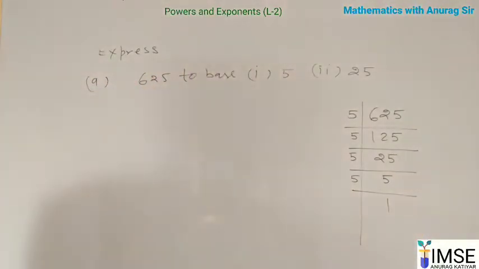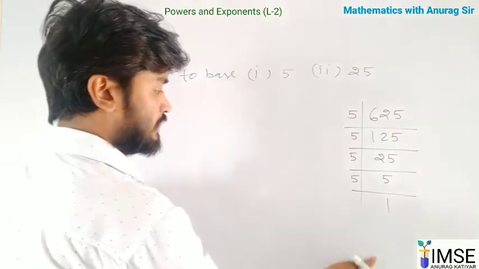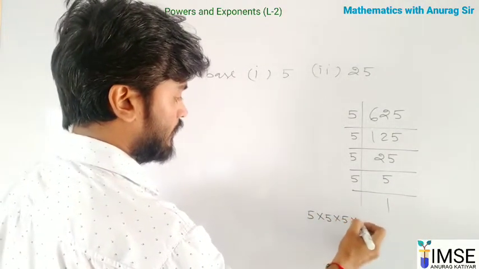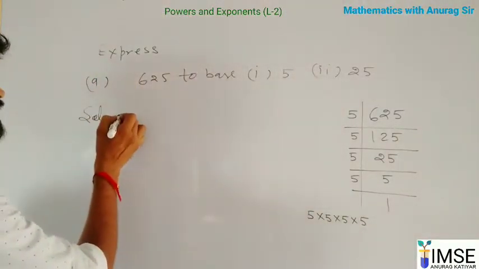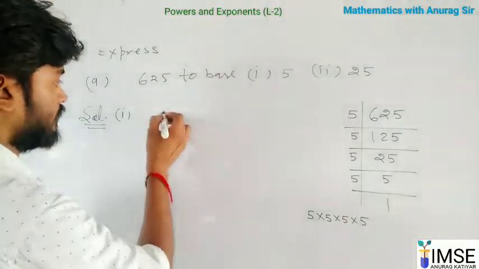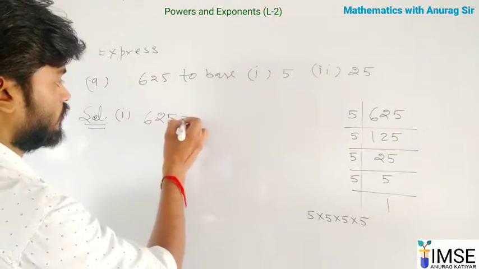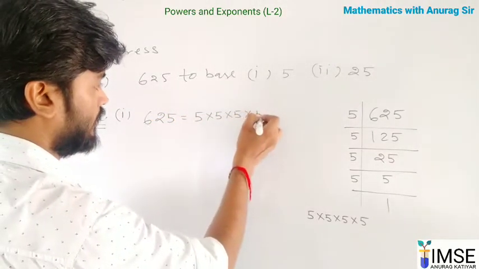So if I write all the 5s in multiplication, 5 into 5 into 5 into 5, so you have the first solution: 625 is equal to 5 into 5 into 5 into 5.